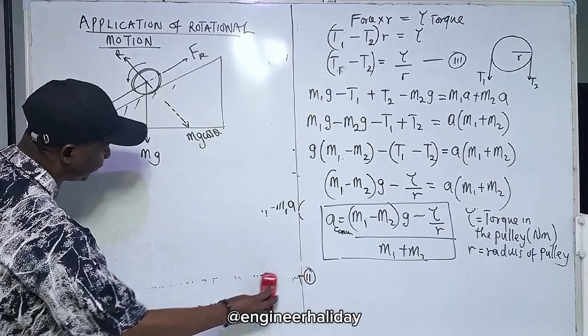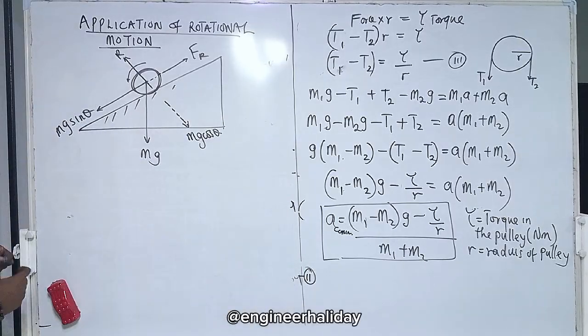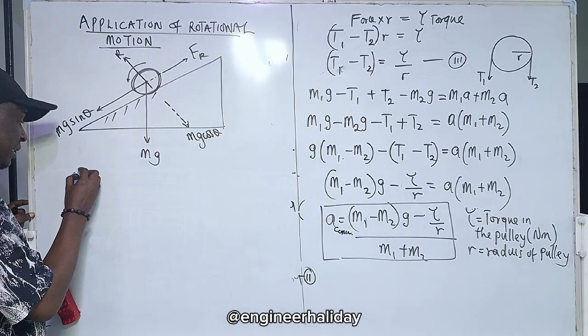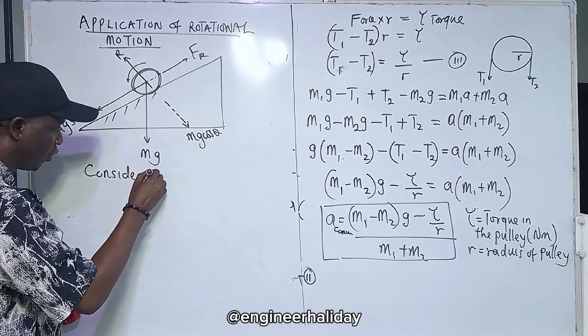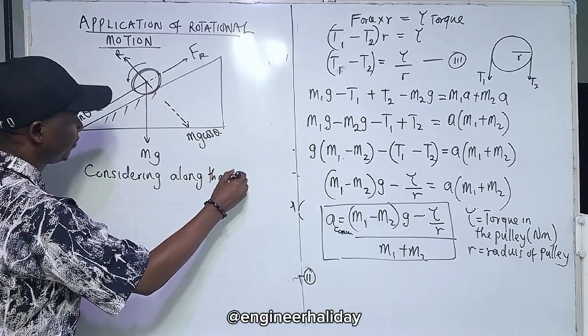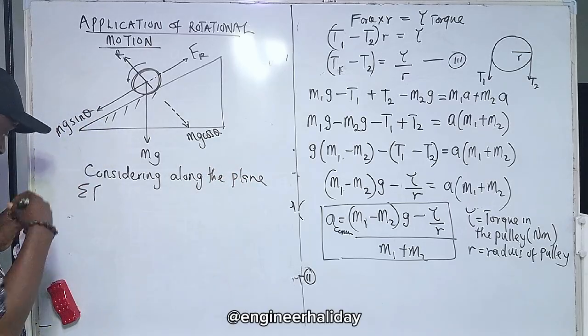Now, in this case, we want to look at a body falling from a pulley system. So if we want to calculate the body falling from a pulley system, what do we do? Let us consider along the plane, the sum of forces.